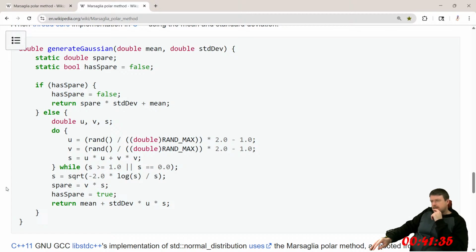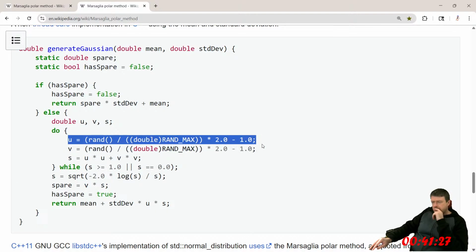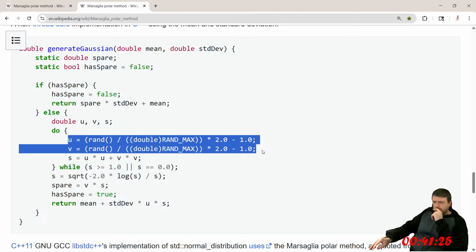What do I take, the last one? I could take the last sample that came in.